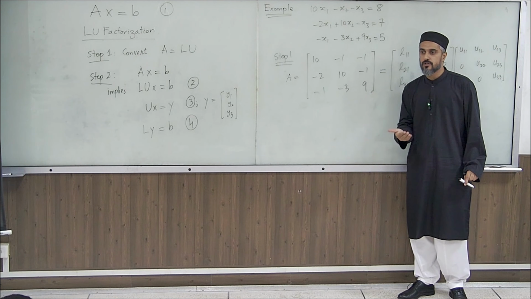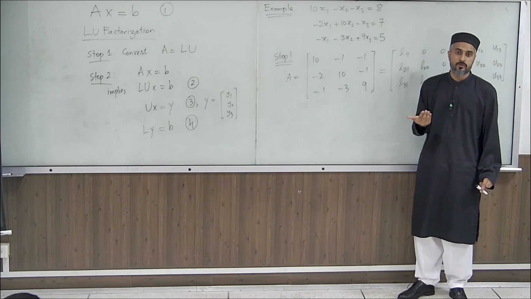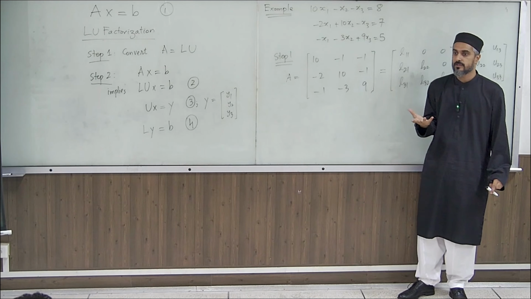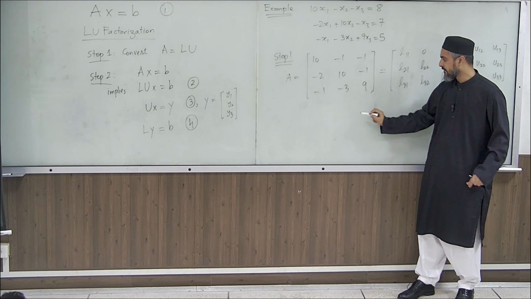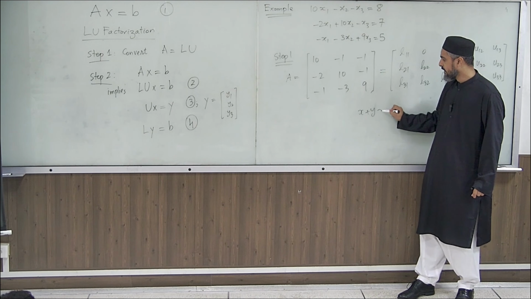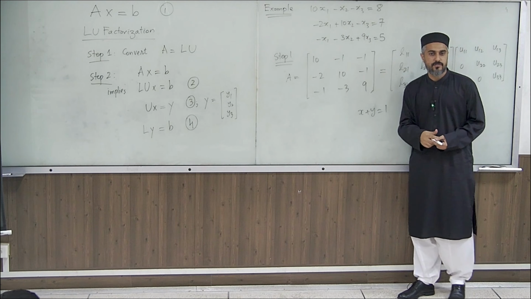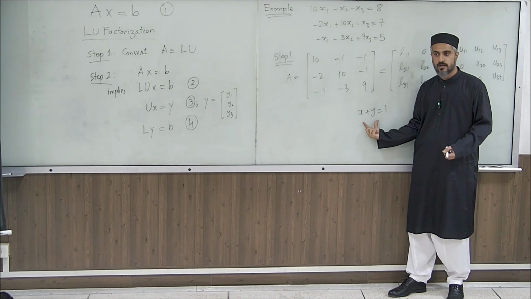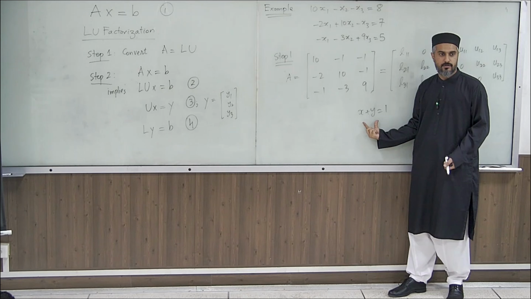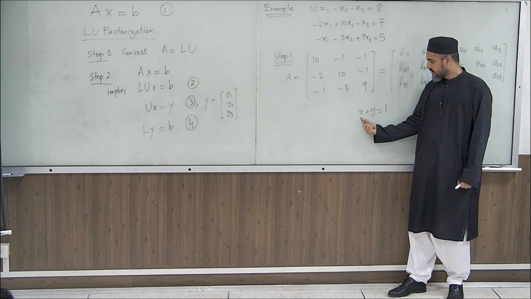If such a scenario occurs, we have to assume the values of certain unknowns as some real number, otherwise we will have a difficulty. For example, if I write x plus y is equal to 1 in the real number system, how many unknowns do we have? 2. How many equations? 1. How many solutions can we have?